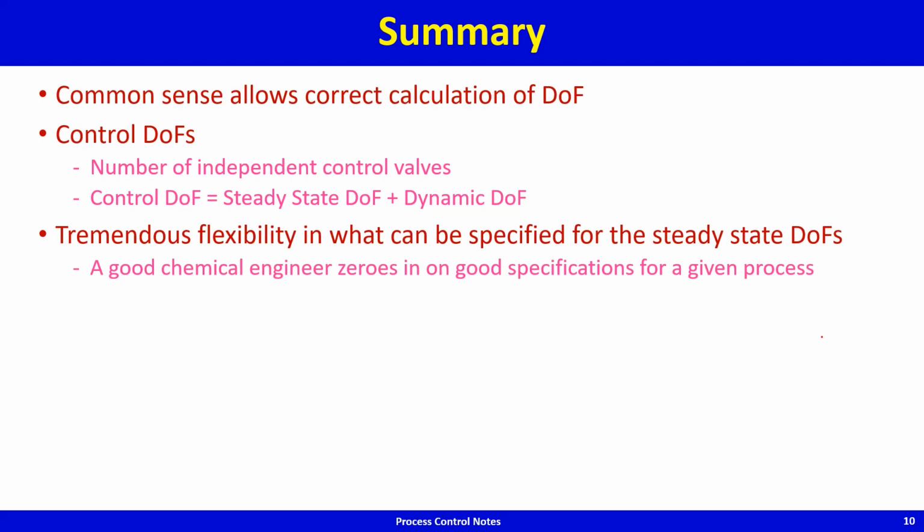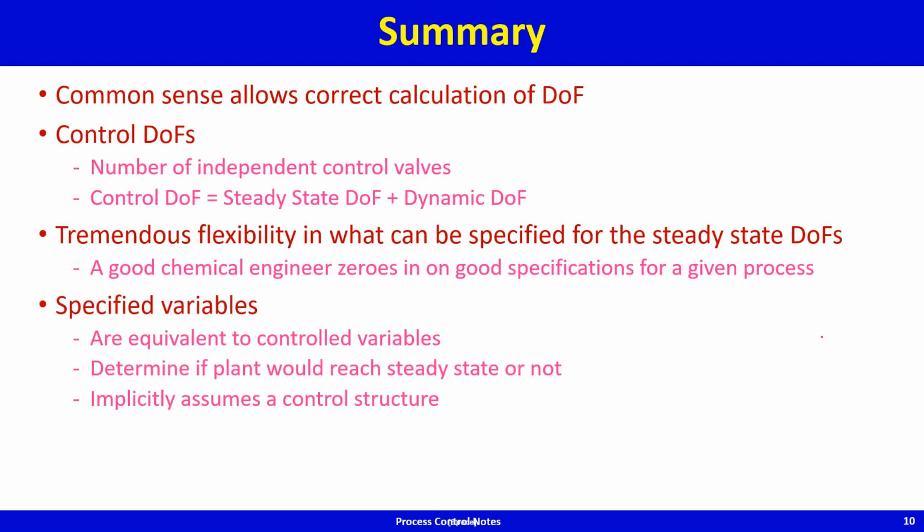There exists tremendous flexibility in what can be specified for the steady state degrees of freedom. A good chemical engineer zeroes in on these specifications for a given process. And I hope you saw that implicit in every specification corresponding to the steady state degrees of freedom are controlled variables, and these controlled variables are controlled using a control structure.